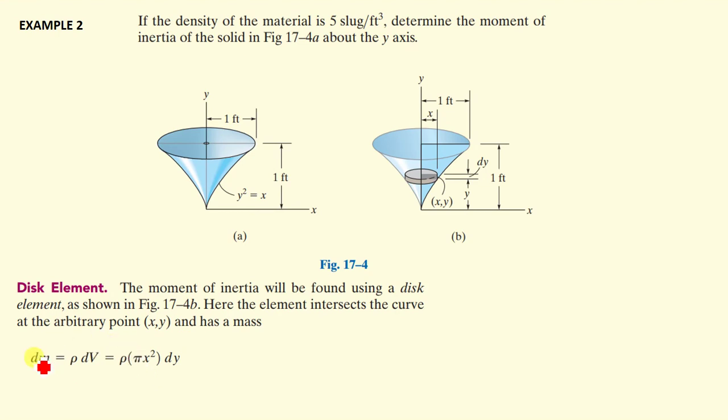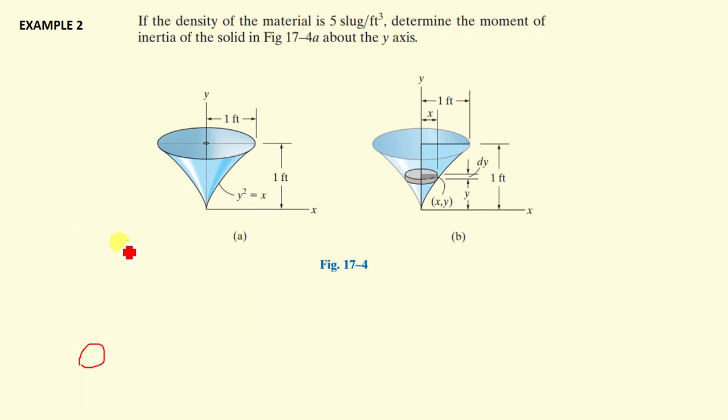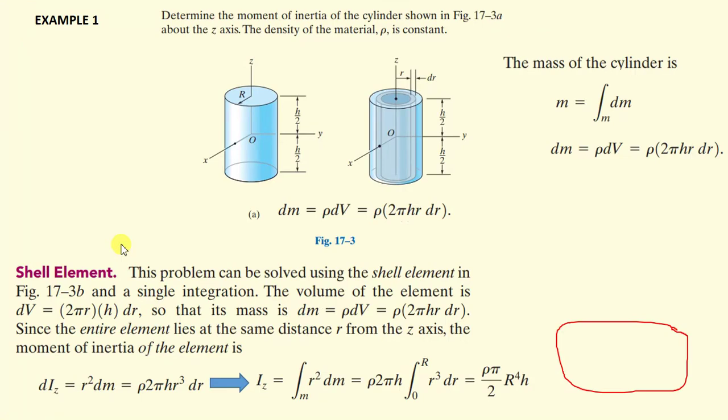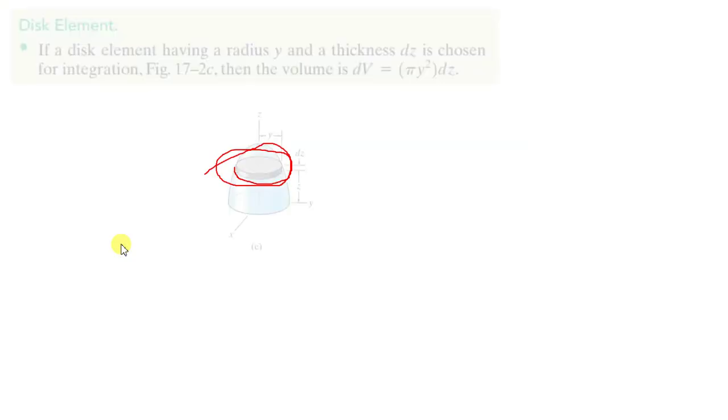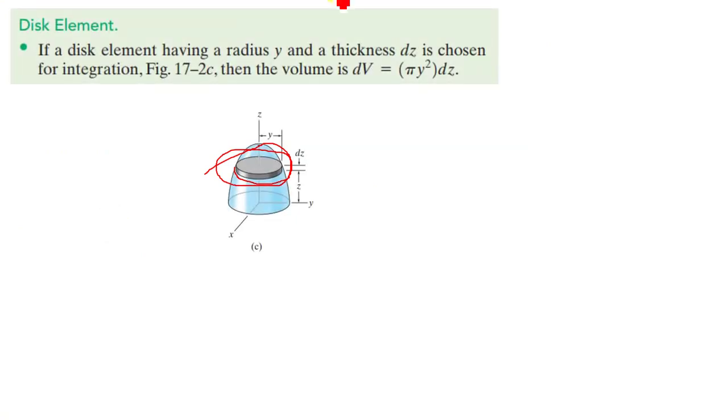The change in the mass is given by dm. When you're using the disk element, dv, we found it to be, if you remember very well, let me just go back. Okay, here, this is our dv that we found.